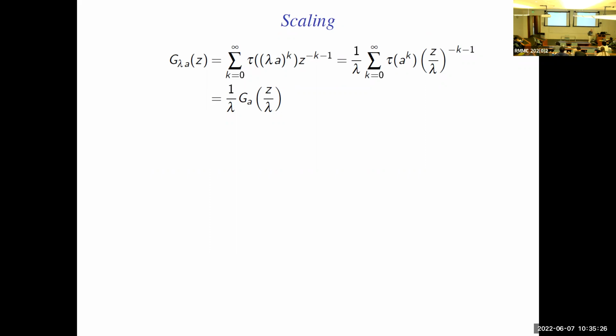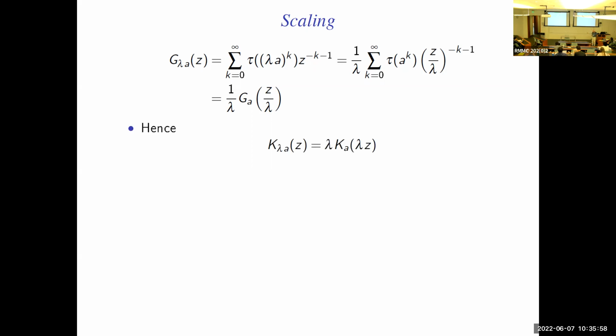And one more thing that is good to know is how the functions G and the cumulants scale when you multiply the variable a by the complex number lambda. You have this formula which tells you that G_{lambda a} of z is equal to 1 over lambda times G_a of z over lambda, which is verified by that little calculation which I have written out, and which I'm not going to read.